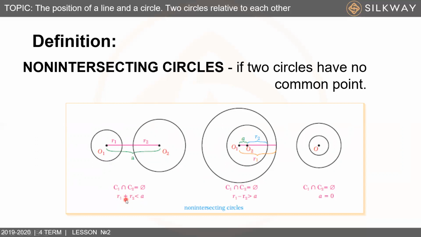So r1 plus r2 is less than a. A is the distance between these two centers, O1 and O2.